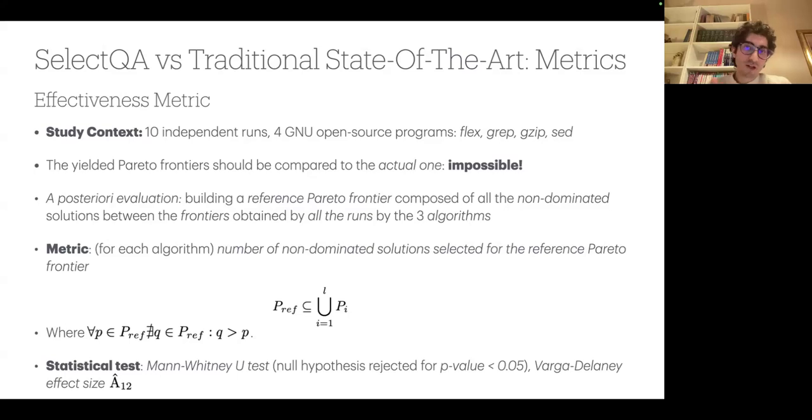So we made another kind of a posteriori evaluation, building a reference Pareto frontier that is composed by all the non-dominated solutions obtained between all the frontiers obtained during all the runs by the 3 algorithms. And the metric that we computed was, for each of the algorithms, the number of the non-dominated solutions that were taken to build the reference Pareto frontier. And to obtain statistically reliable results, we tested this metric using the Mann-Whitney U-test and the A12 effect size.